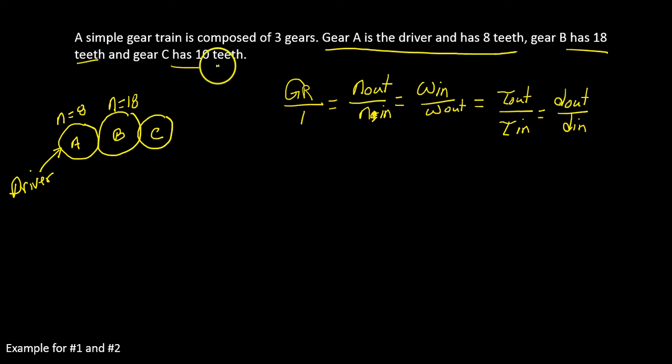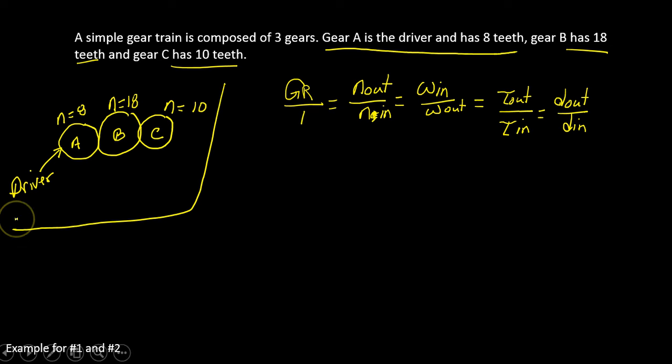And C has 10 teeth. That's the first thing we always need to do when we do our problems: make sure we sketch this out so we can keep track of where we're at. So this would be problem 1.